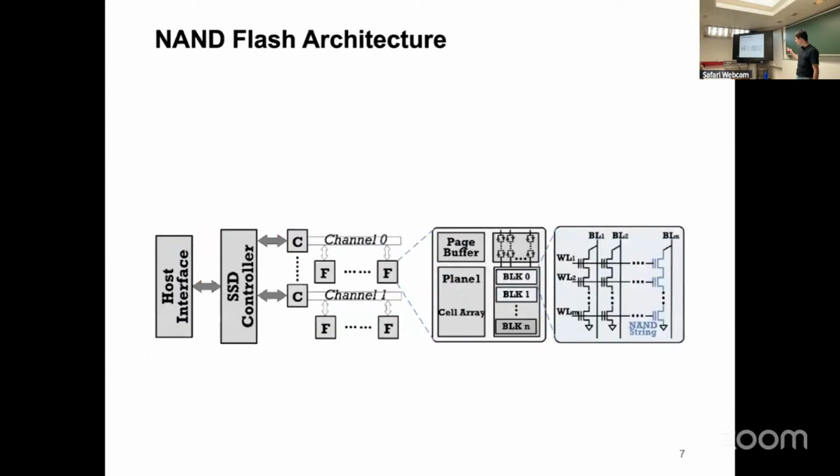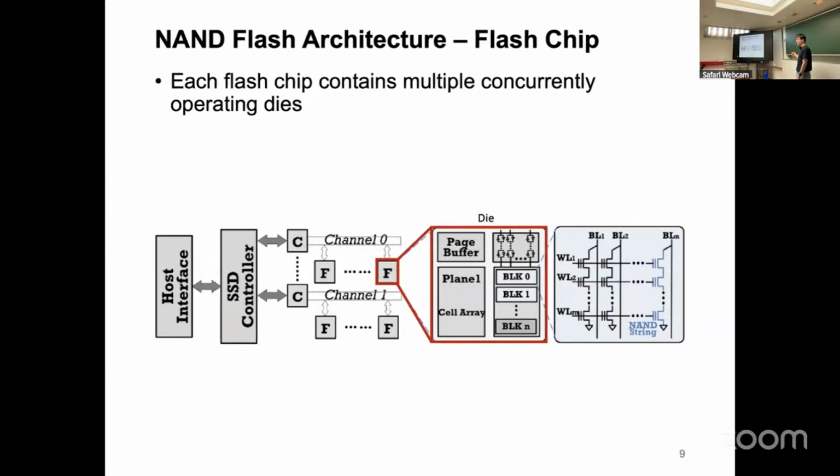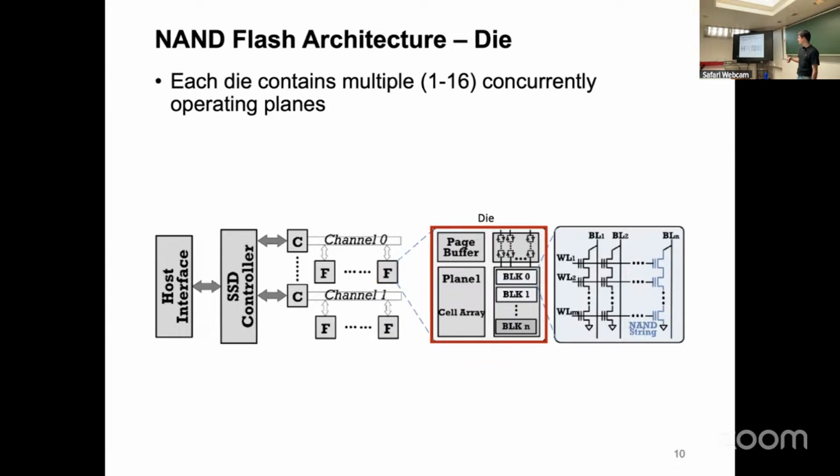Now let's take a look at how a NAND flash SSD is built. Here you see the broad architecture of an SSD, where you have the SSD controller, which is responsible for communicating with the host. It also performs error correction, garbage collection, and address mapping. It is connected through multiple channels with multiple flash chips. Each of these flash chips contains multiple concurrently operating dies, and each of those dies contains multiple concurrently operating planes.